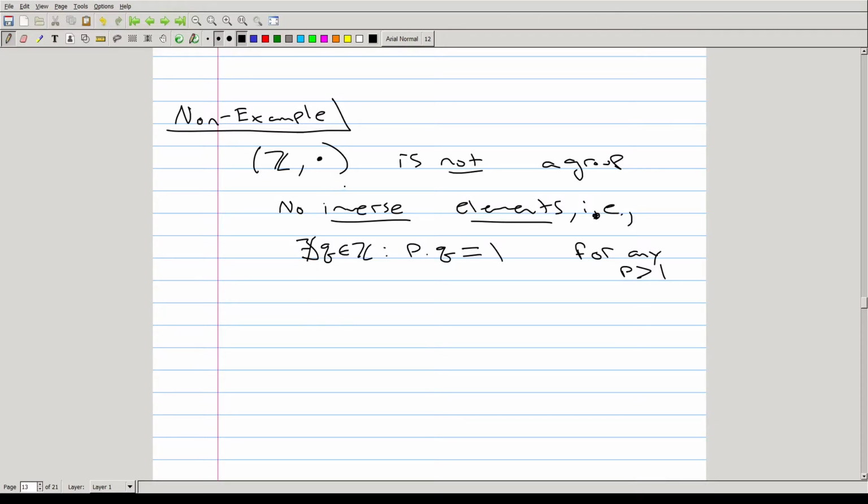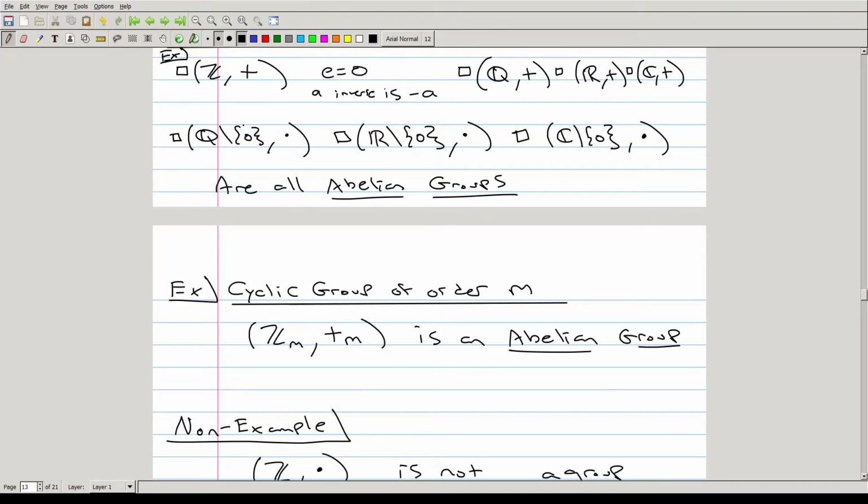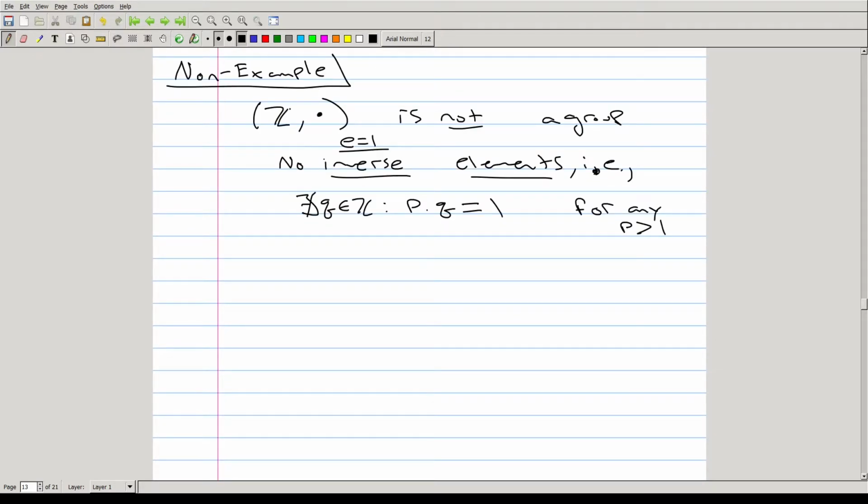The identity element of this group, by the way, is the integer 1. Just like any of these multiplicative groups, the identity element is also 1 in each of the respective sets. In this set, the identity element is the integer 1, because 1 times any integer is equal to itself. And for any p greater than 1, there's no inverse element of p.